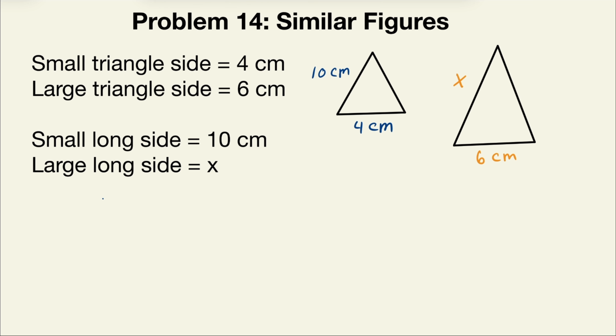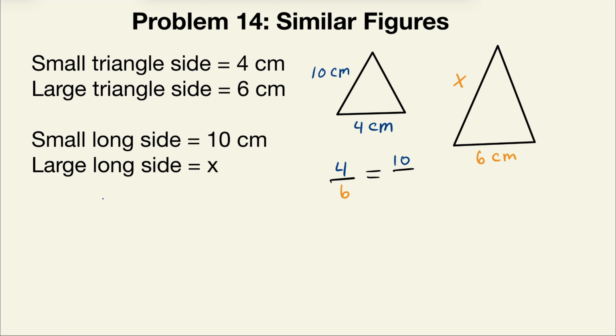So now we can find out what x is by setting up a proportion and solving for x. So let's go ahead and do that. So we see here that we have 4 centimeters, which is corresponding to 6 centimeters, and then we set that equal to 10 centimeters, which corresponds to x.